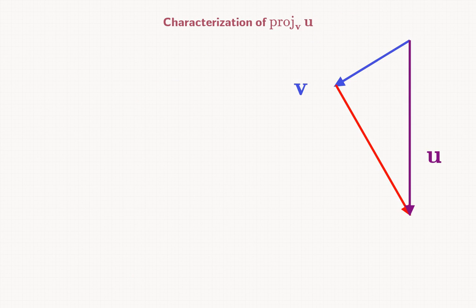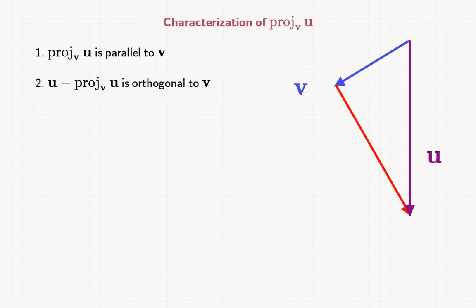So the vector proj sub v of u has the following properties. First, it is parallel to the vector v. And secondly, if I break up u as proj sub v of u plus some other vector, call that other vector w, then the leftover piece is orthogonal to v. So now I claim that these two properties uniquely determine proj sub v of u.